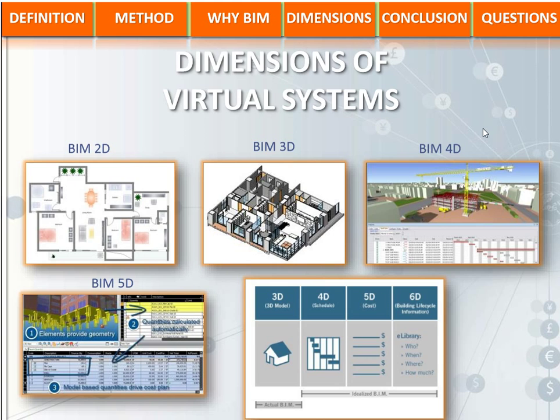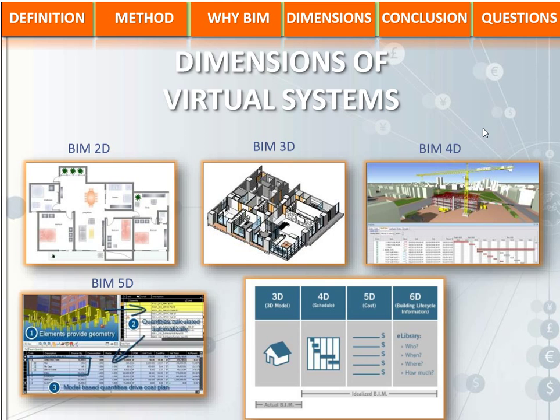4D is actually the integration of a schedule. So if we have a lead time, that information is associated in a semi-automatic way, and then can be exported to software like Primavera or Microsoft Project.